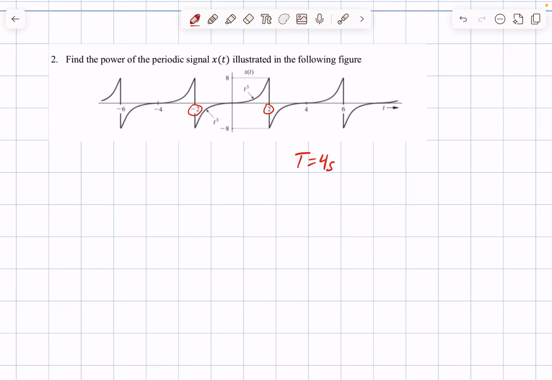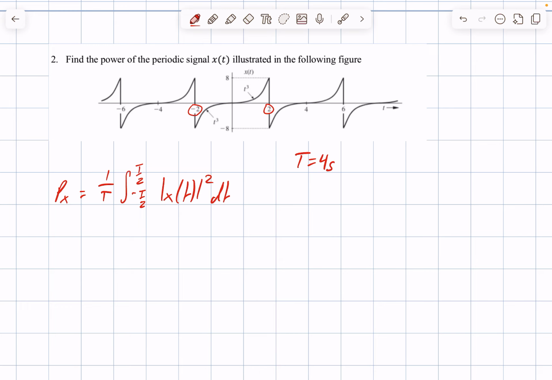Now the power formula is a little different from the energy one, which is as follows, where it's 1 over the period, the integral of -T over 2 to T over 2, and then your function squared dt. So kind of similar, but at the same time different.